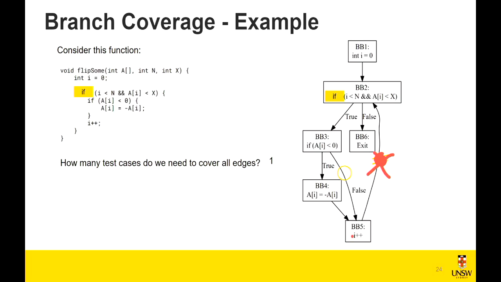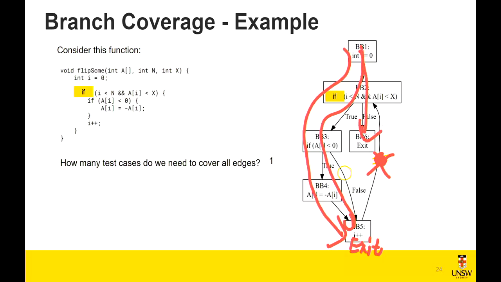And this one will become another exit. So how many? Okay, good. You are answering before I'm asking. So we need 3 test cases to cover all the edges if we change the branch condition from while to if. We need 3 different test cases here.